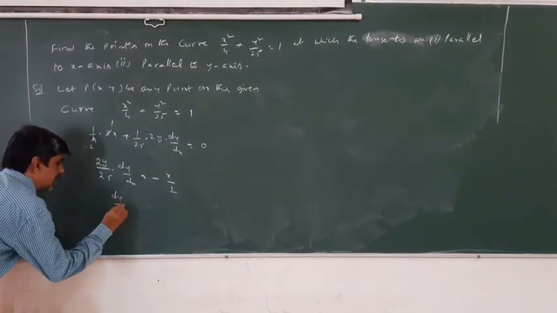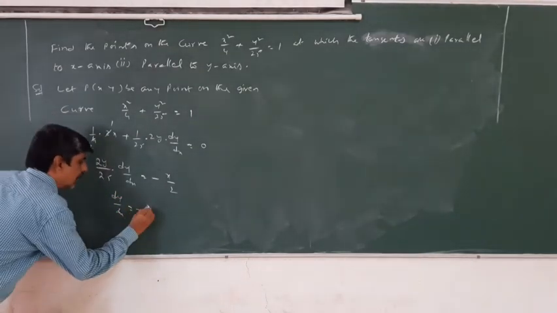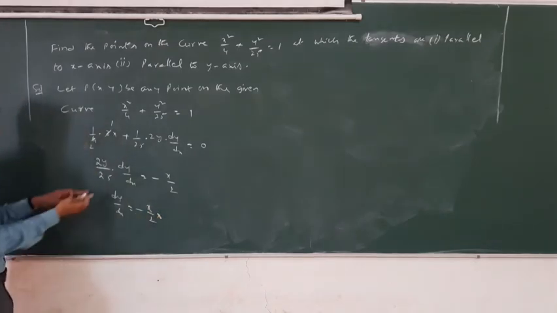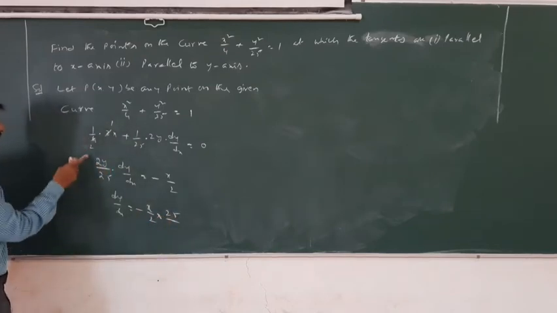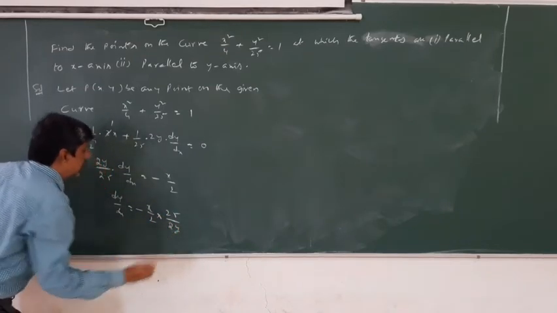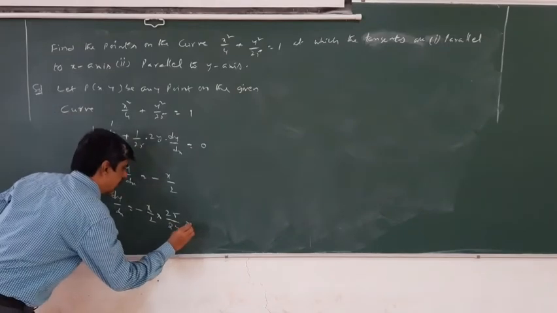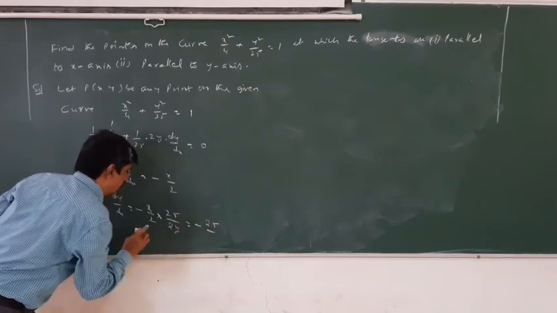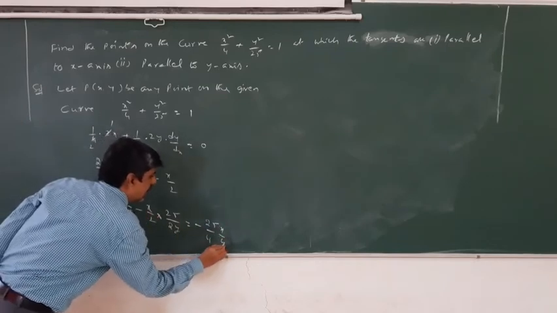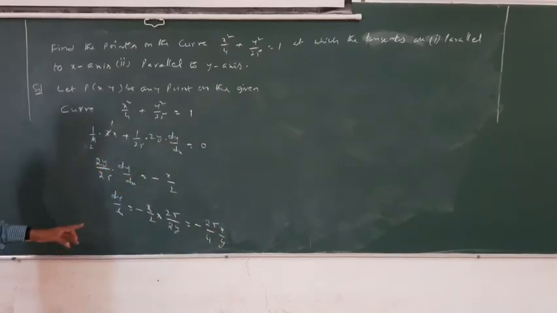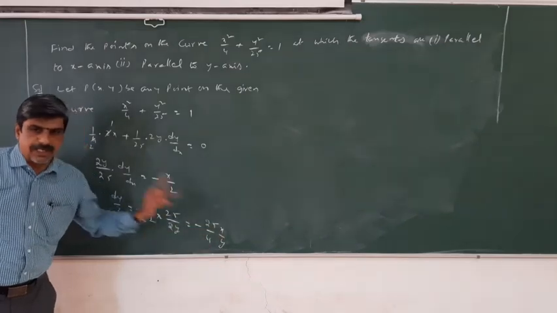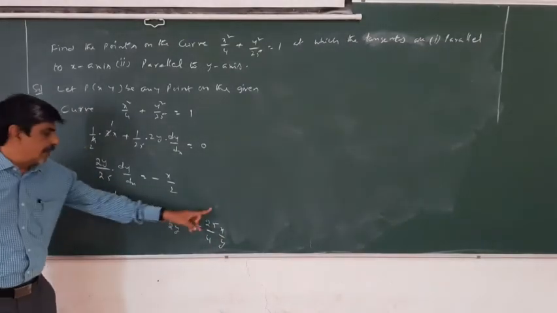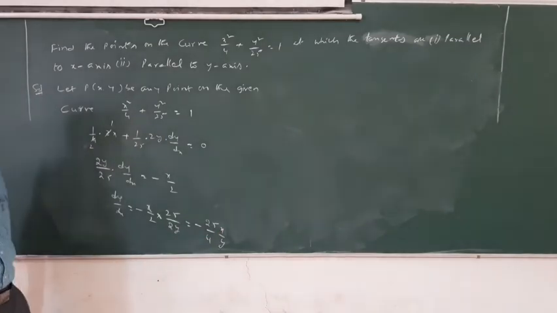So dy by dx is equal to minus x by 2 into this y value shift that side into 25. So this is minus 25 by 2 into 2 is 4, x by y. So slope of the tangent is here minus 25 by 4 into x by y.